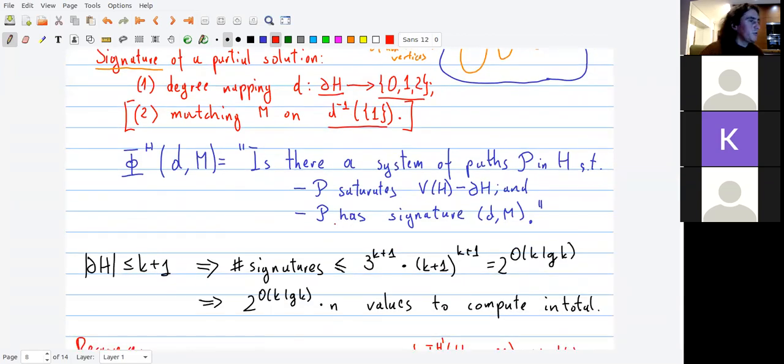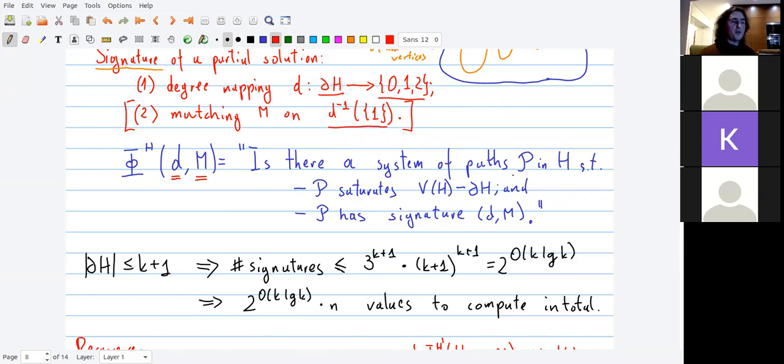So then the value that I will compute in my dynamic programming algorithm is, for a given degree mapping and a matching, so this is the signature of my partial solution, I would like to understand whether there is a partial solution having this signature.